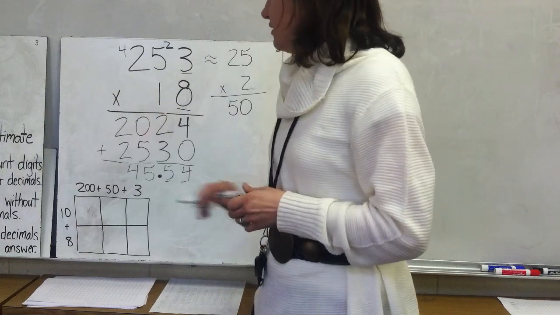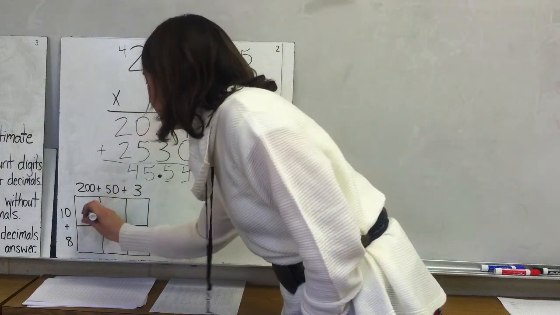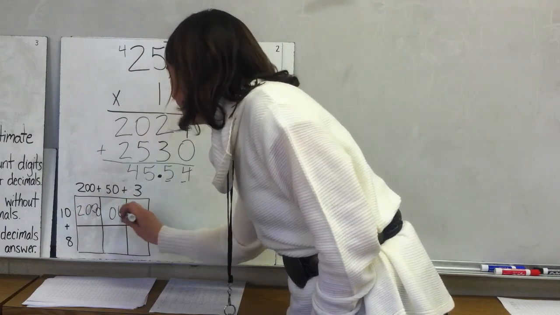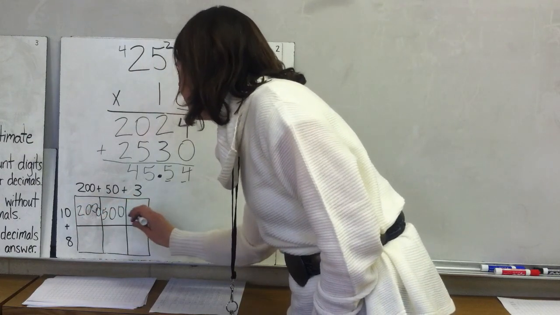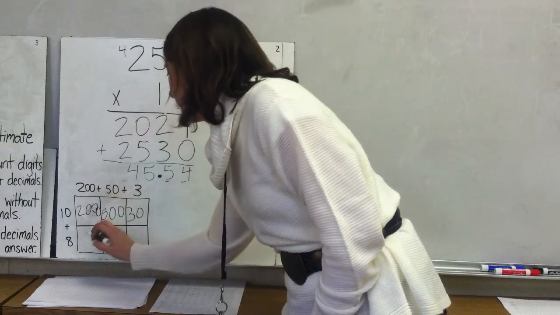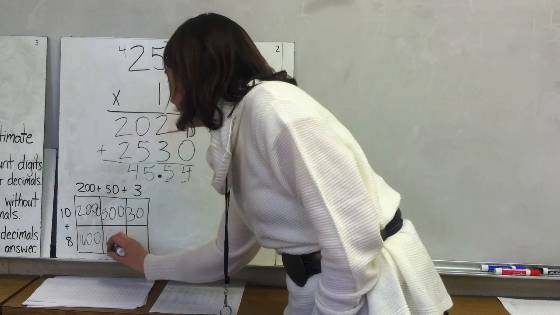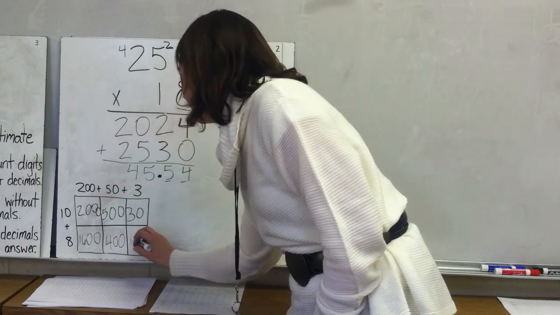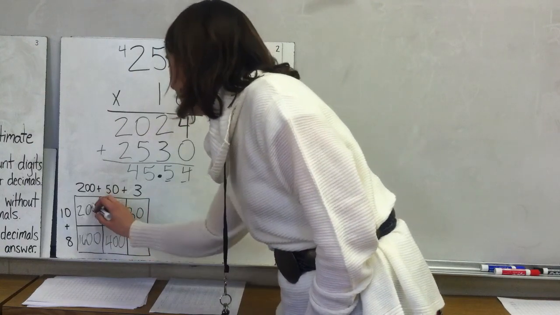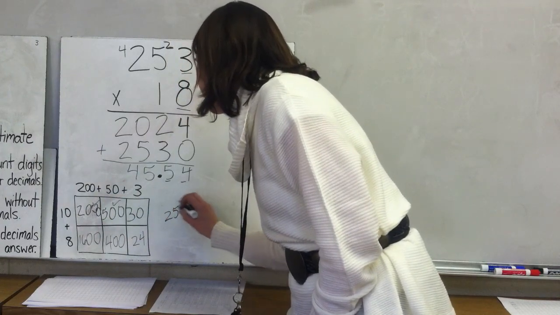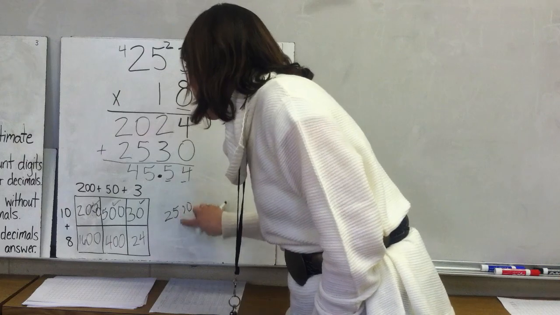Okay, so filling in here, we'd have 3 zeros and a 2, 2 zeros and a 5, 1 0 and a 3. We'd have 2 zeros and 16, 1 0 and a 40, and then 24. Adding each one up, we would get 2,500 plus 30.